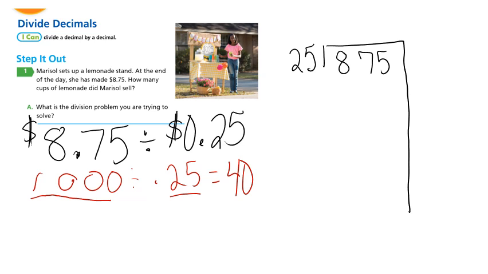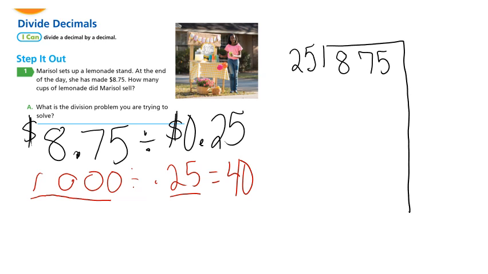25. What's the largest number I can multiply 25 by that will get me close to 875? I'm going to think about what it would mean if I did 25 times 4. 25 times 4 would get me to 100, but I've got 800.